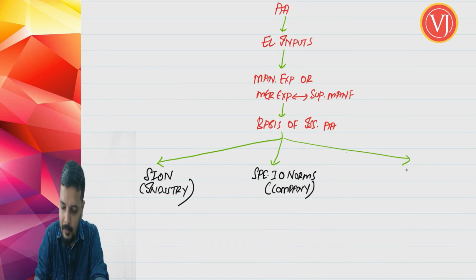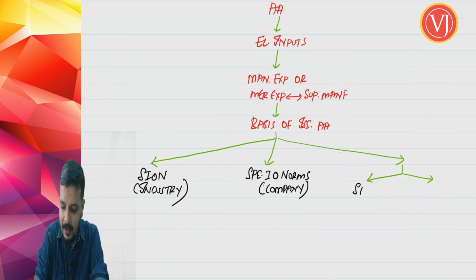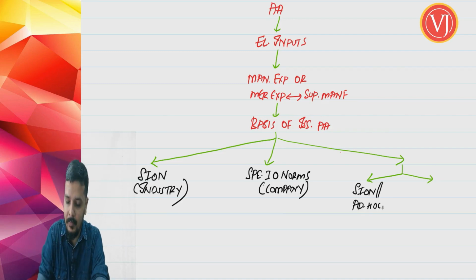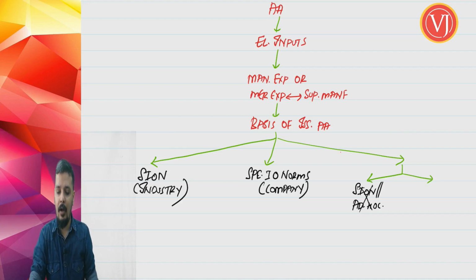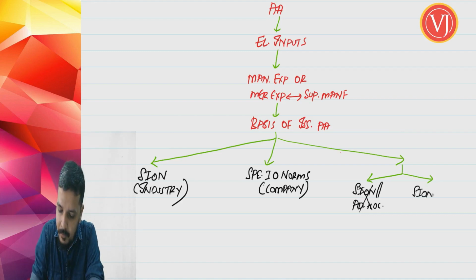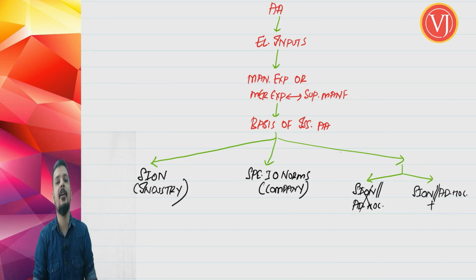Now friends, there is another scenario where there are two possibilities. Either you are talking about standard input output norms, or even otherwise at times you have ad hoc norms. Either there is no standard input output norms or ad hoc norms, or your standard input output norms or ad hoc norms are there, but this particular manufacturer exporter is planning to purchase additional inputs which are not specified in those norms.